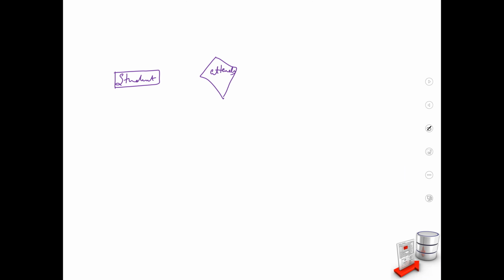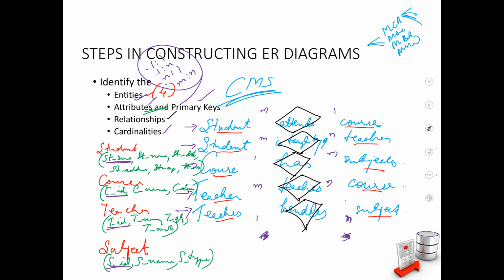Okay, student attend courses, and then you will have a relationship like this. And what is the cardinality? The cardinality you have is M students attend a course. So you will write it like this.